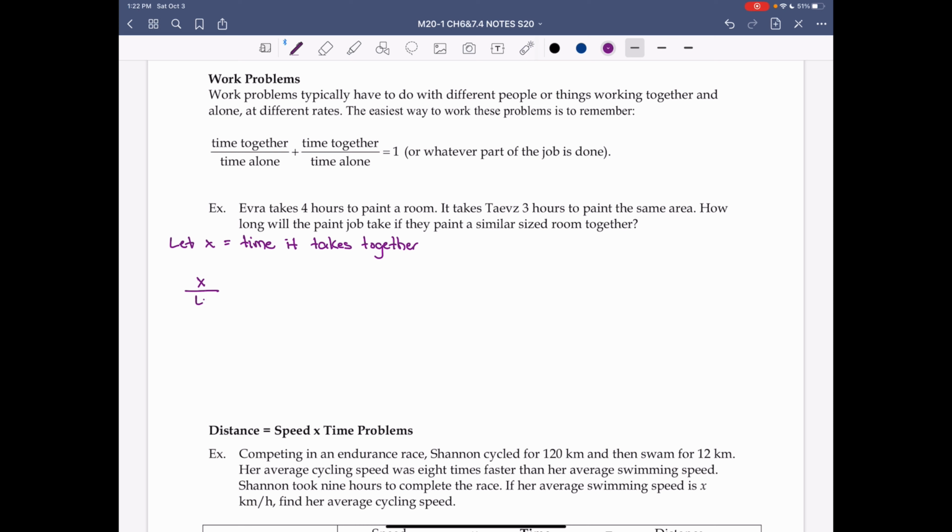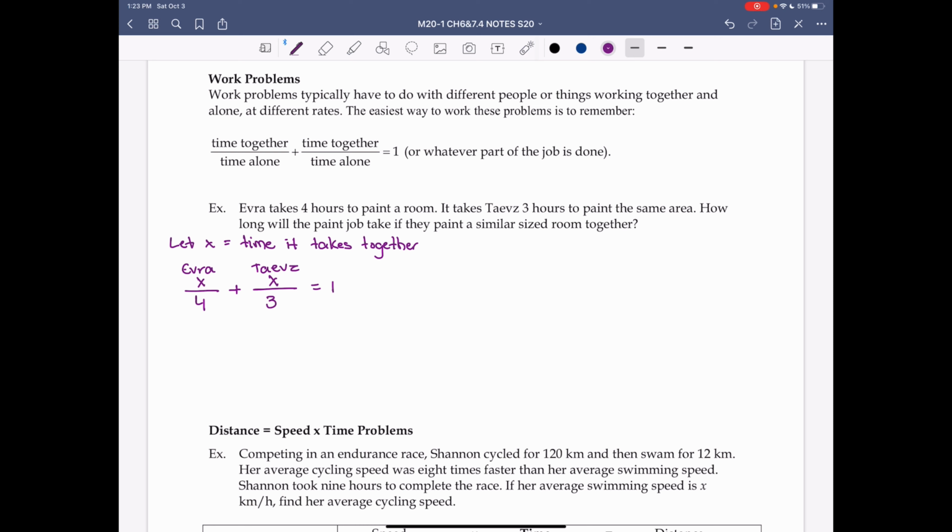So for Evra, it takes her 4 hours, plus the time together, which is our x, over the time alone for Taves, which is 3 hours, equals 1, because we are asking how long it takes for them to complete the job. Completing the job would be 100% or 1.